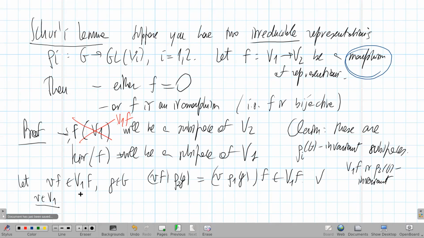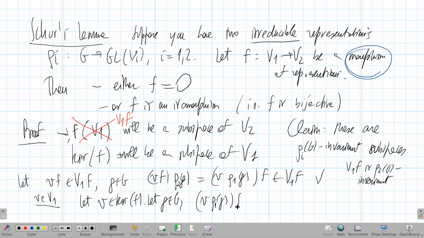And as to the kernel, this is an argument we saw already in the proof of Maschke's theorem, but let me repeat it. So suppose v is in the kernel of F, and let g in G, and we compute v rho 1 of g. I want to prove that the kernel is rho 1 of g invariant because it's a subspace of V1. And so to see that it's in the kernel, I apply F. And it's the same principle here, except that we are reading from the right to the left.